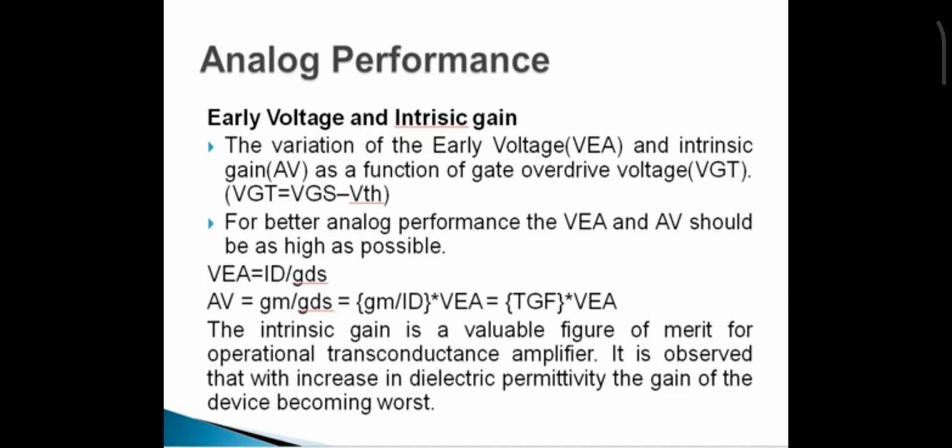By using these formulas, the intrinsic gain is equal to transconductance efficiency times the early voltage. The intrinsic gain is a valuable figure of merit for an operational transconductance amplifier. It is observed that with increase in dielectric permittivity, the gain of the device becomes worse.